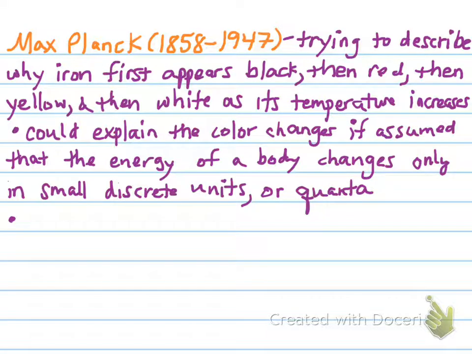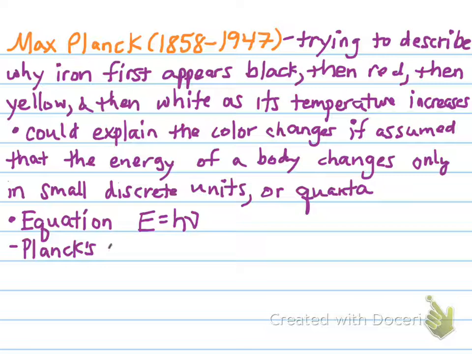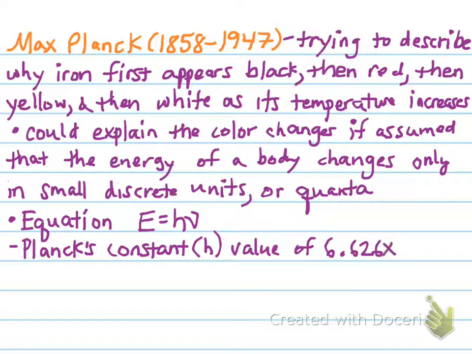So he came up with an equation, and we saw this equation on a ChemQuest, that E equals hv. Okay, what are these? So Planck's constant, which is h, has a value of 6.626 times 10 to the negative 34th joule seconds.